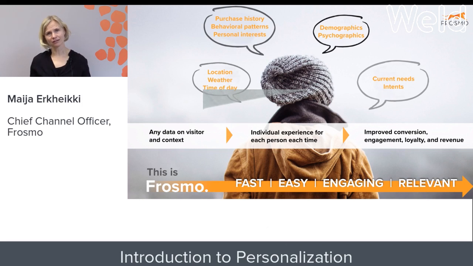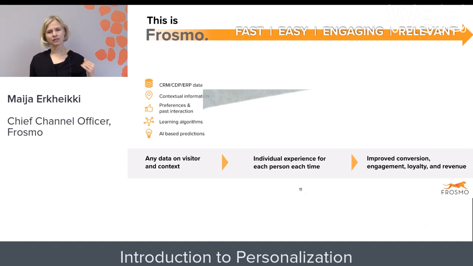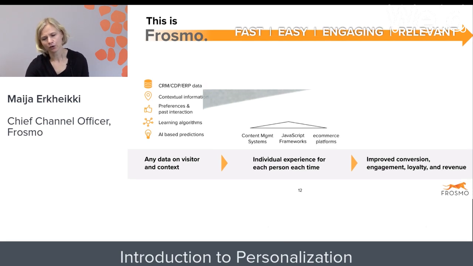And what this looks like more on the architecture level is that typically the data that you can take about the visitor can be CRM data, CDP, ERP data. It might be something about their behavior. It might be something that's fed by an algorithm. So there's a lot of data that can be used. Then Frosmo you can think of as a rule engine inside the browser.